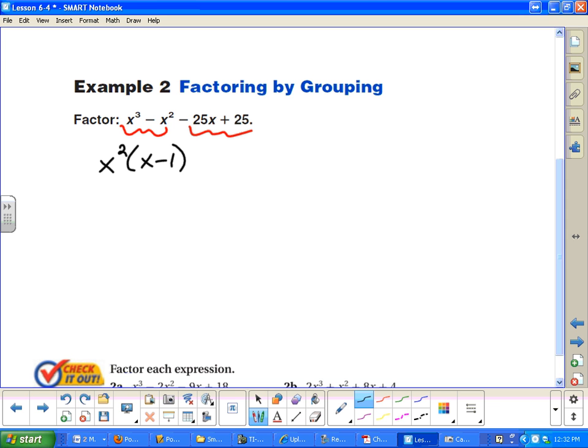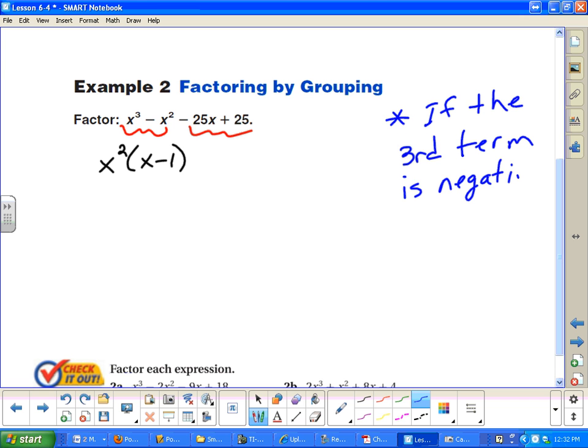Now, there's one little note here. Okay, a little side note. If the third term is negative, then we're going to factor the negative. So if the third term is ever negative, you've got to factor out that negative.